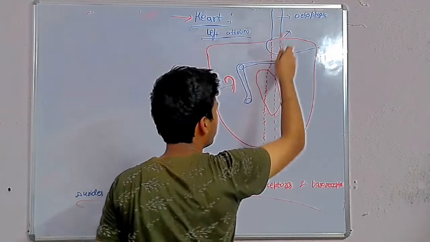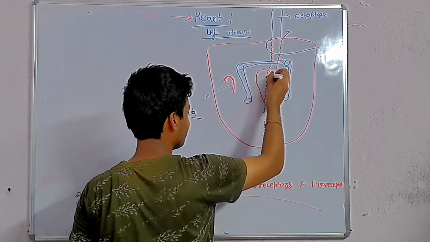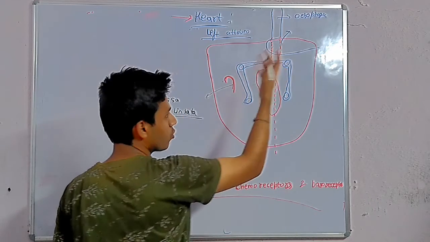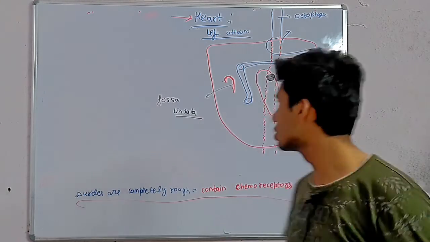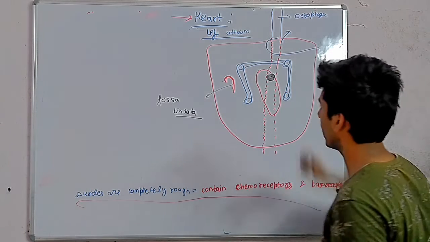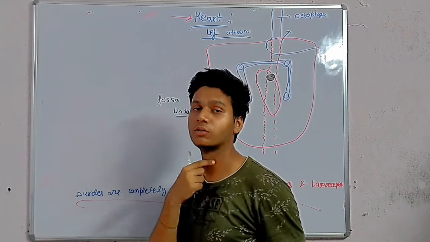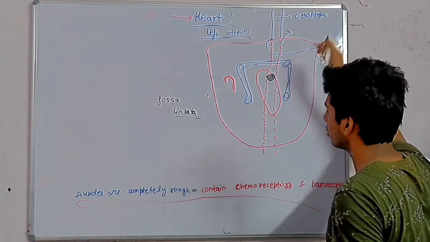When food passes through it, it swells like this and pushes the heart forward. But due to this recess, the heart is not pushed forward and no obstruction occurs in heart circulation. So it helps in proper deglutition of food after passing through the esophagus.